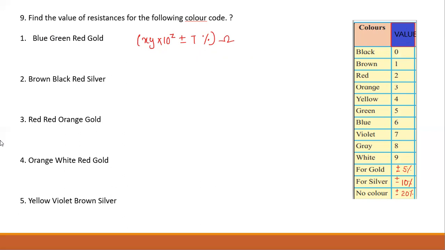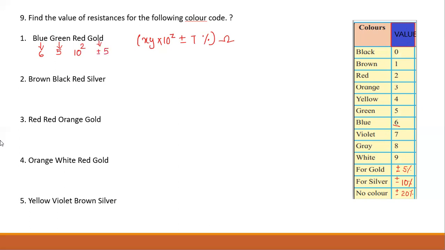Blue: from this chart you can see the value of blue is 6. Green is 5. This is x, y, and next one is z. Z we have to write as the power of 10. So 10 raised to, red is 2, 10 raised to 2 will come, and the tolerance for gold is plus or minus 5.